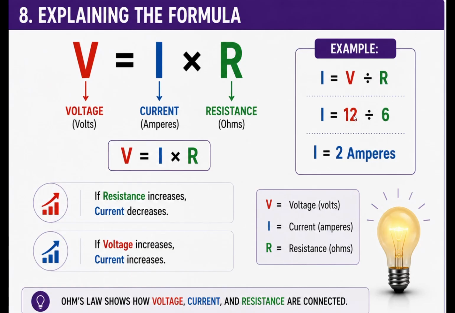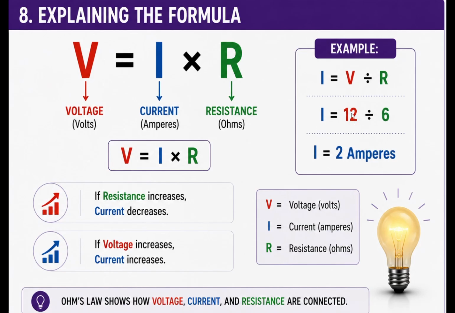If we have a voltage of 12 volts and a resistance of 6 ohms, and we are asked to calculate the current, we take 12, which is the voltage, divided by the resistance of 6, and we have 2 amperes.